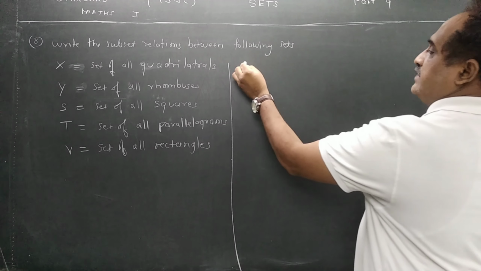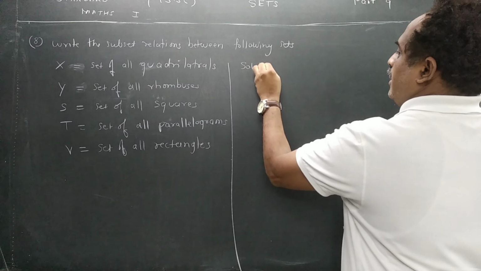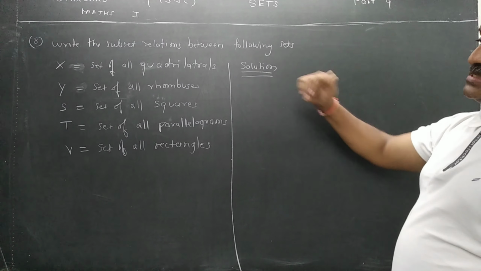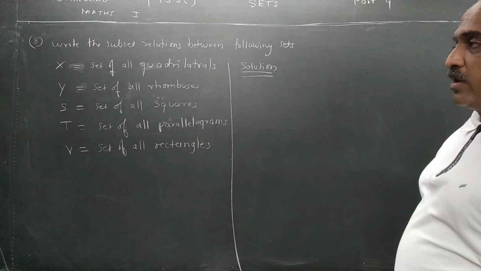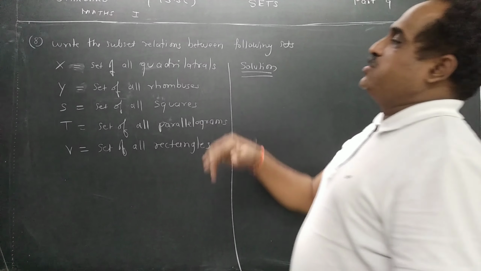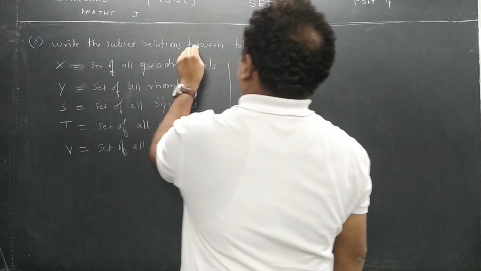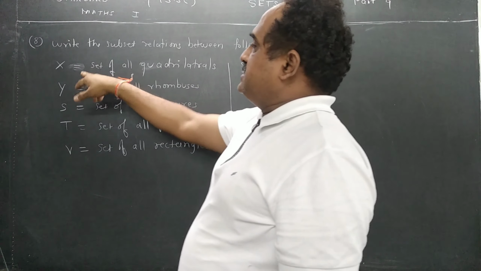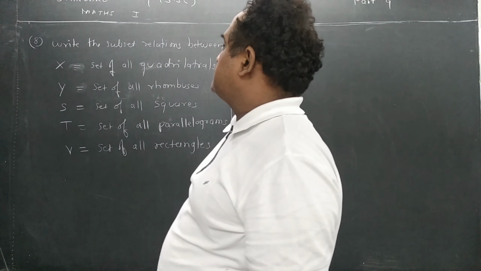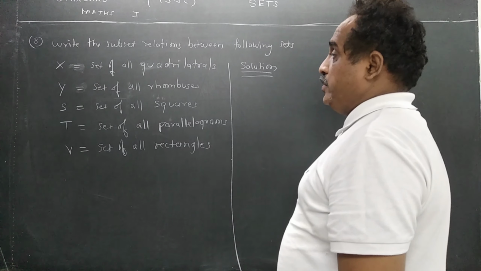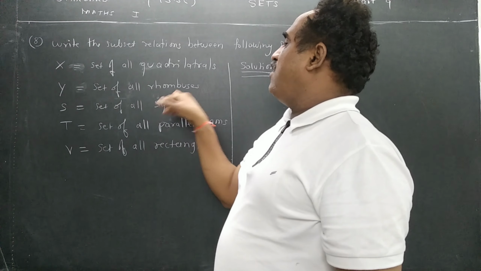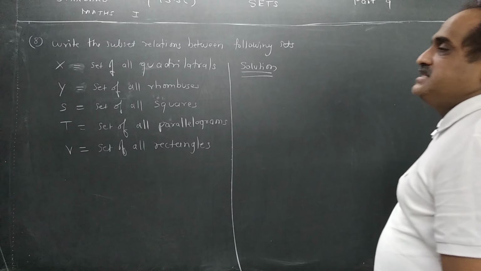Now we got the concept of all the concepts of quadrilateral, rhombus, parallelogram, वो idea मिल गया. And what they have asked is to write the subset relation between the following. See now. X is a set of all quadrilaterals. तो ये सबसे बड़ा रहेगा. What you can say? Y is a set of rhombus. So what is the relation?